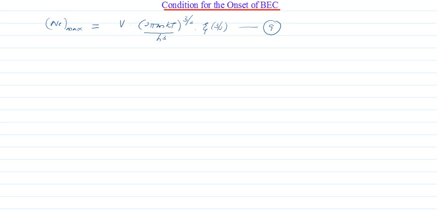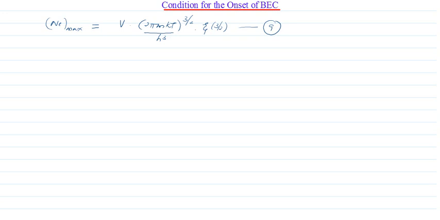If the actual number of particles in a given bosonic system exceeds this value of Ne max, which decreases with the decrease in temperature, some particles out of the N particles will be accommodated in the excited states, and the remaining particles, since they cannot be accommodated in any of the excited states due to condition number 9, will be pushed down to the ground state with energy or momentum equal to 0, whose capacity is unlimited at all temperatures.